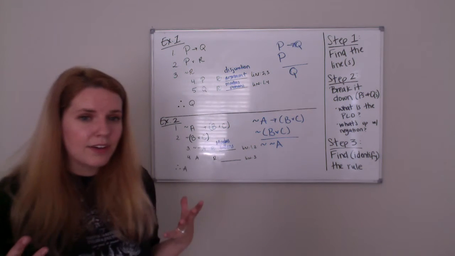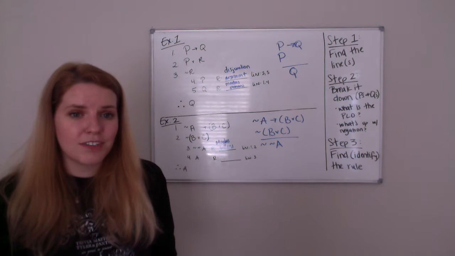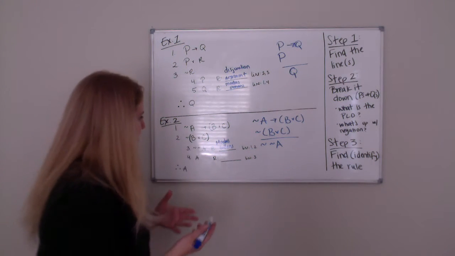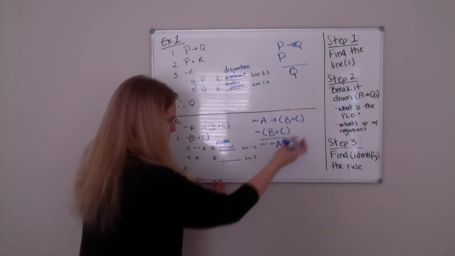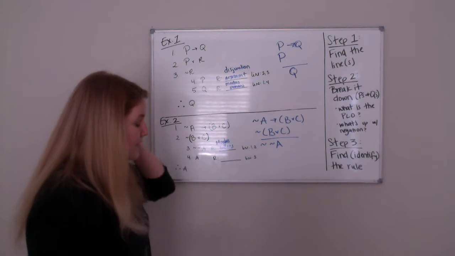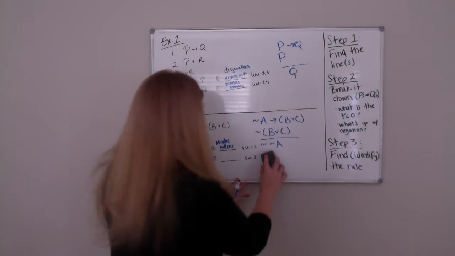And we can say, okay, let's make that really simple, and we'll look for a really simplified version of that pattern in the book. So we found modus tollens, which allows us to make this deduction. All right, so now we can move on to our next line.